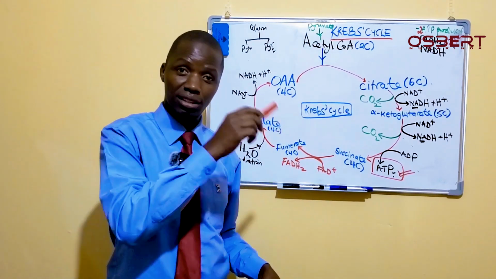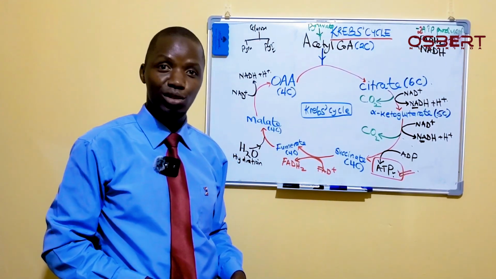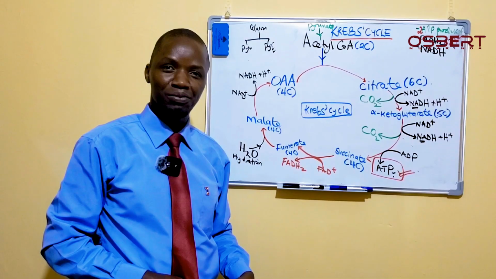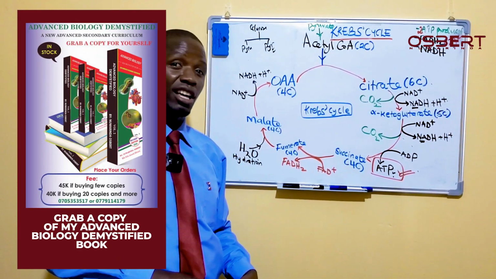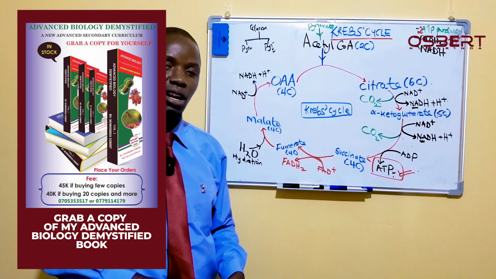Then you get 3 times 2, because the pyruvates are 2, and then you get 6. It seems to be correct in one angle.